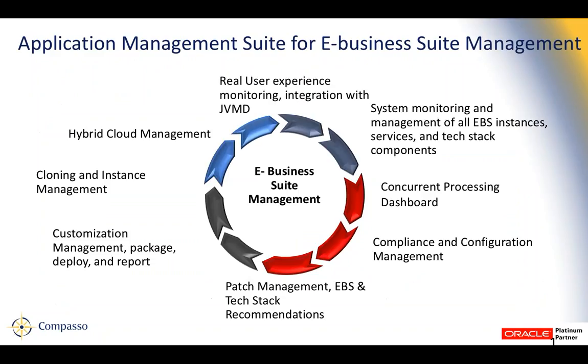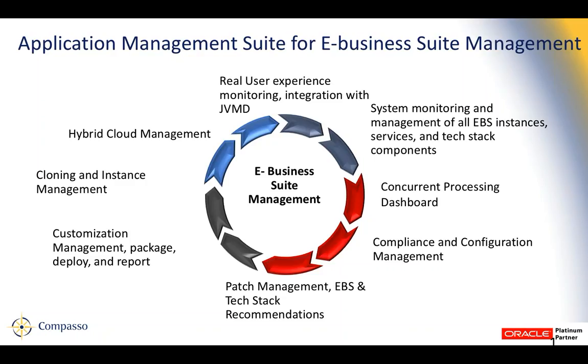The AMS as a whole, again, delivers everything you need from beginning to end to manage your EBS environment. We spoke earlier today in the first session about monitoring and real user experience monitoring, i.e. monitoring the actual users and how they're experiencing the application, how long forms are taking to load, how long pages are taking to load, are they seeing any errors, having historical metrics from the user perspective about performance, and then, of course, drilling down to the system. So monitoring the system.